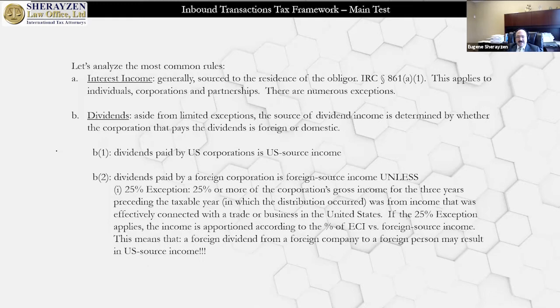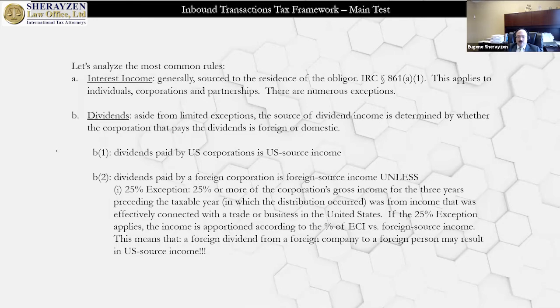Dividends. Aside from some limited exceptions, it depends on whether the corporation that pays a dividend is a foreign corporation or a domestic corporation. Dividends paid by US corporations are always US source income. Dividends paid by a foreign corporation are almost always foreign source income, but there is this important 25% exception.